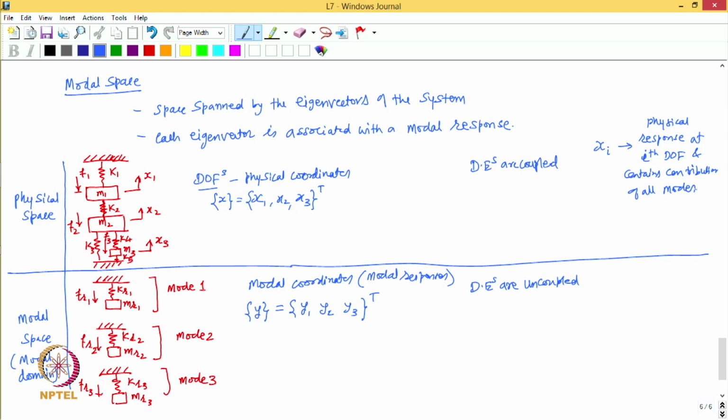So, xi tells us the physical response at the ith DOF taking into account the response due to all modes; the contribution of all modes is included in it.